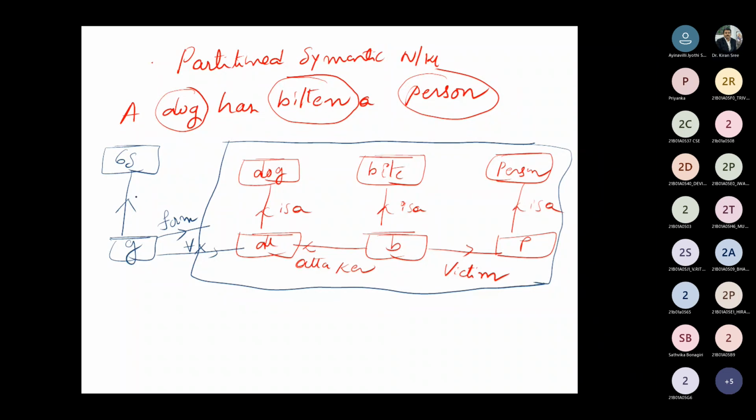G is a general statement that I have taken. The form is for all X, because all the dogs have bitten all the persons. If somebody says all the dogs have bitten all the people, then you can take some other general statement here.